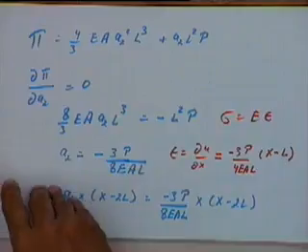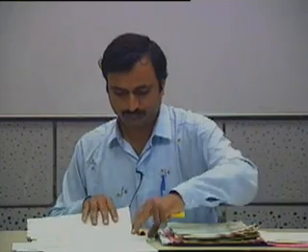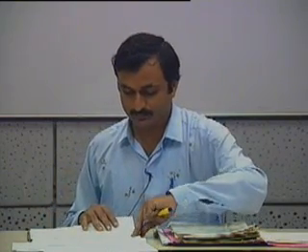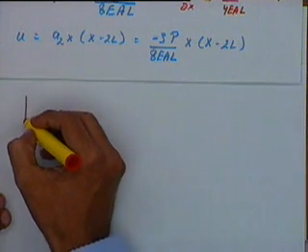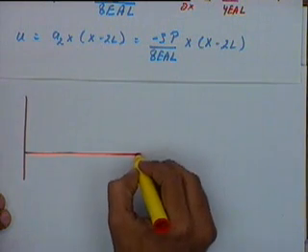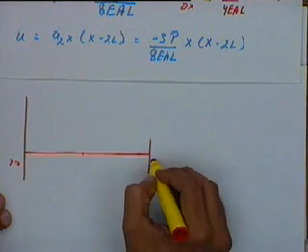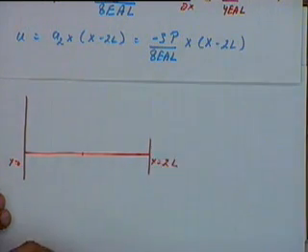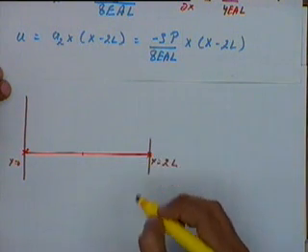But if you look at this solution, how does this deformation u vary with the distance? This is x equal to 0 and this is x equal to 2L. The deformation u is equal to 0 at x equal to 0 and equal to 0 at x equal to 2L.